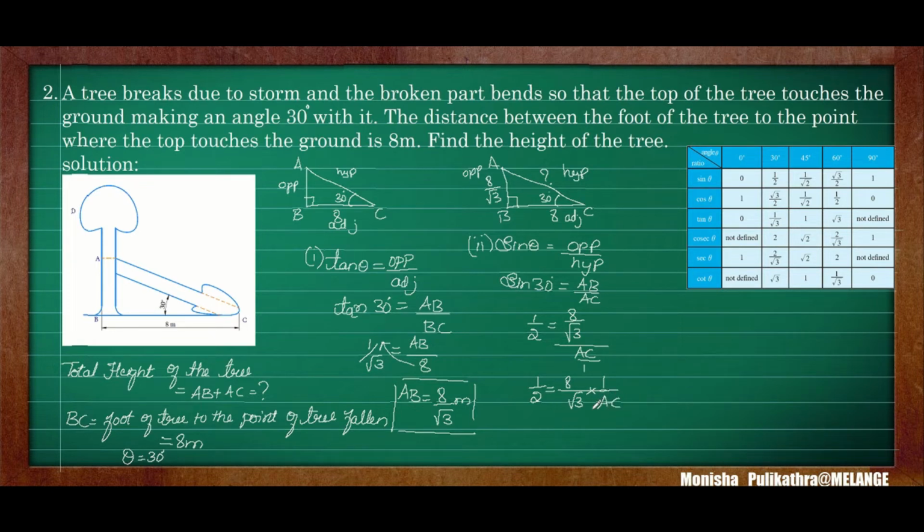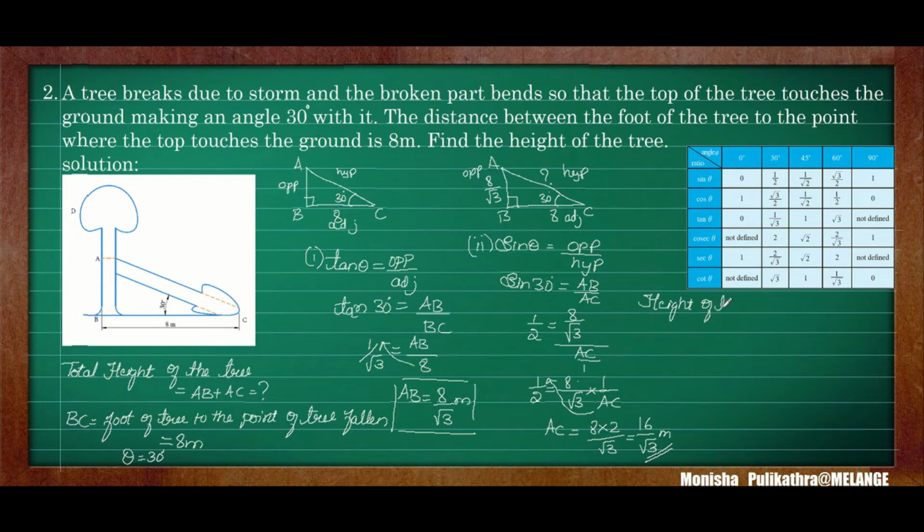So by writing the reciprocal, it will become 8 by root 3 into 1 by AC. Now I will take this AC here by cross multiplication. So AC is equal to, and 2 I will be taking here, 8 into 2 divided by root 3, which will be 16 by root 3. So this is the value for AC, the hypotenuse. But the height of the tree is AB plus AC.